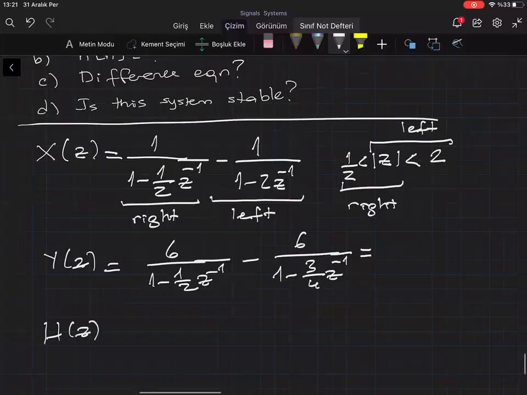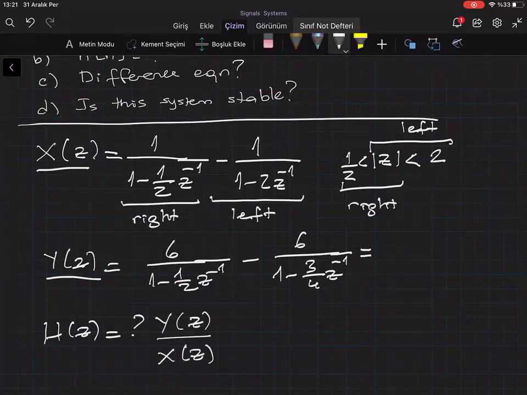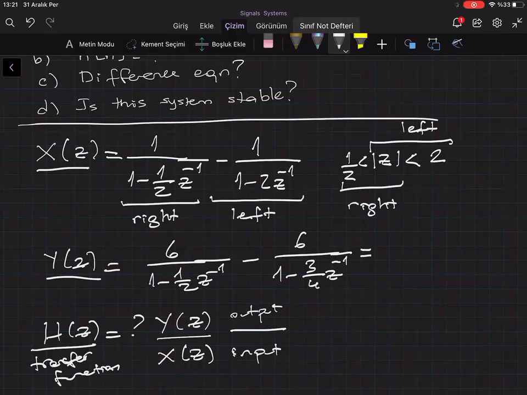I have given you Y of Z and X of Z, and if you remember, H of Z was Y of Z divided by X of Z. That means the Z transform of the output divided by the Z transform of the input. It's a kind of transfer function, if you remember.